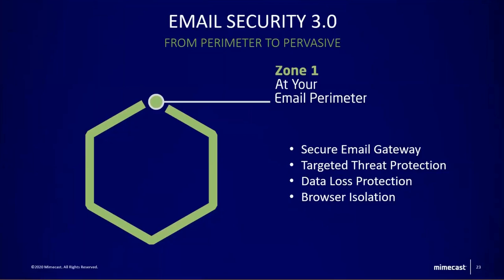Also targeted threat protection to protect against more advanced threats like malicious URLs, weaponized attachments, ransomware, etc. And then one that a lot of organizations are worried about is business email compromise or impersonations. Also important to note here is data loss protection, and this is to keep the regulator happy and to stop the leaking of sensitive data, either inbound or outbound in the organization.